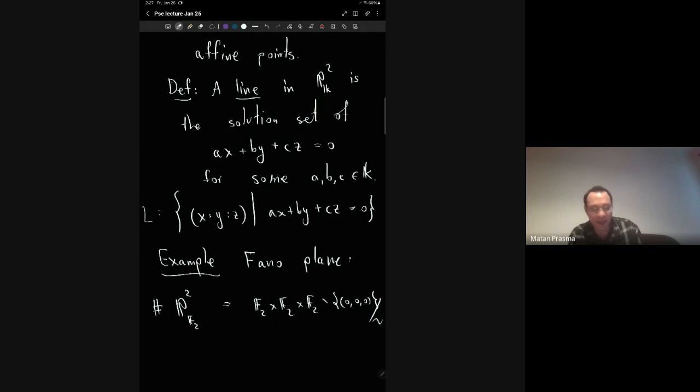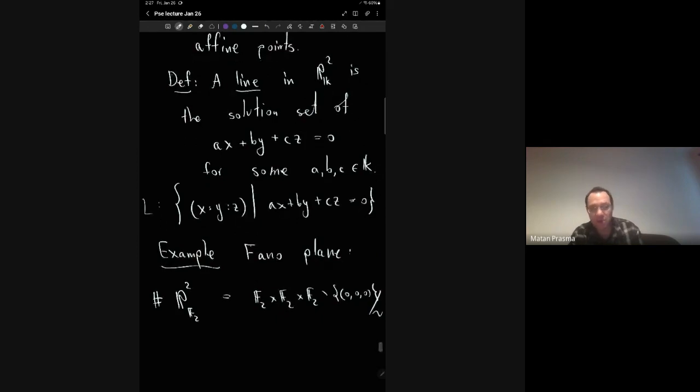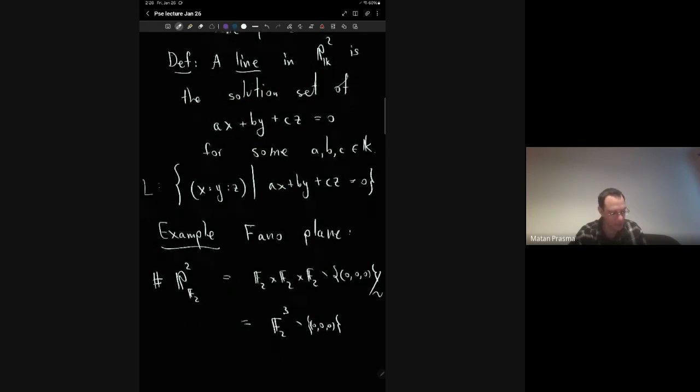But as you said, Carlos, the equivalence relation is nothing here because I'm only allowed to multiply by lambda equal to 1, and multiplying by 1 doesn't do anything. So it's simply the same as F2 cubed minus the origin, and this is 7 points.